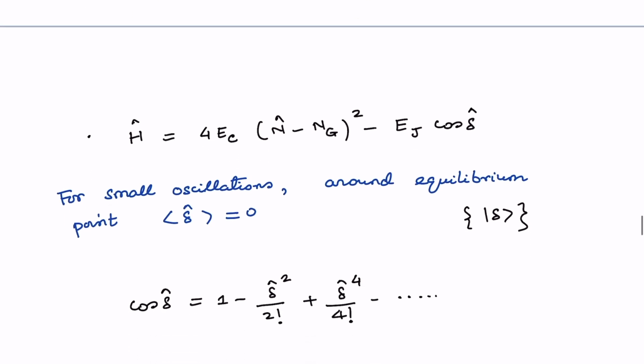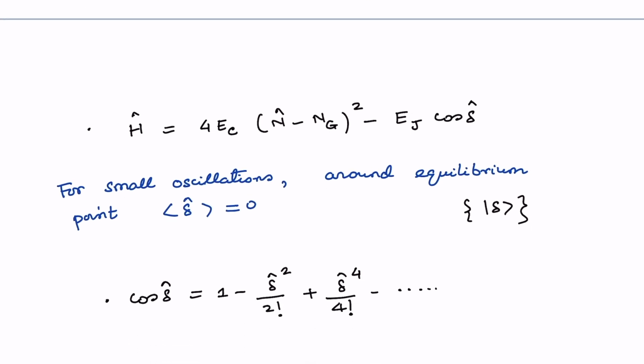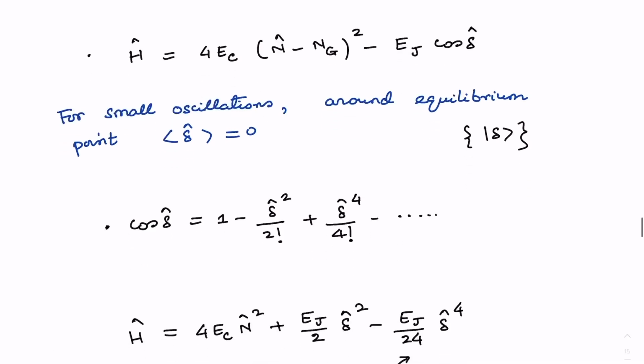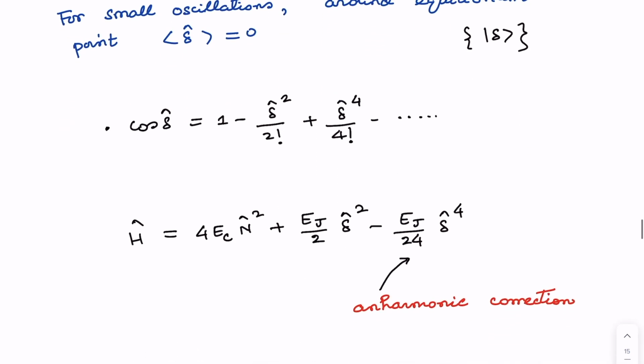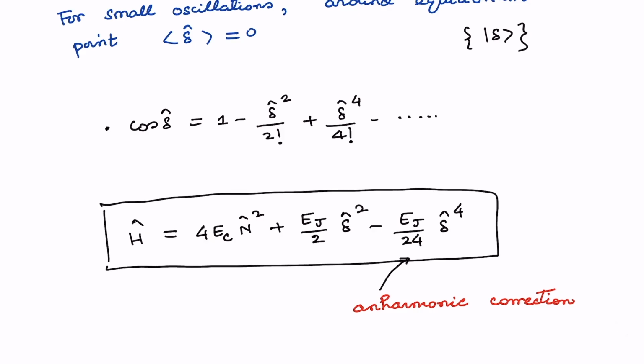For that, we have to expand this cos delta term, and if we retain terms up to fourth order, then we can write the Hamiltonian in this particular form. And from this Hamiltonian, you see that the last term is simply an anharmonic correction.